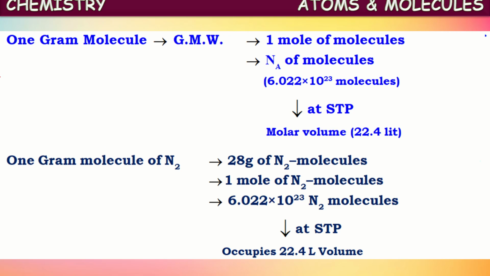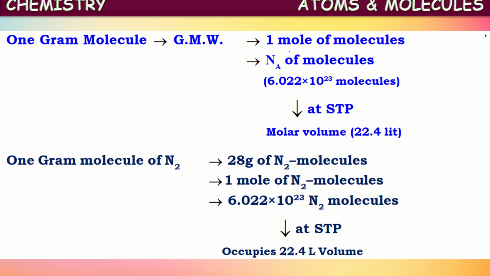Now gram molecule. 1 gram molecule is equal to gram molecular weight. Gram molecular weight of the substance is equal to 1 mole of molecules. 1 mole of molecules contains Avogadro number of molecules, that is about 6.02 into 10 to the power of 23 molecules.